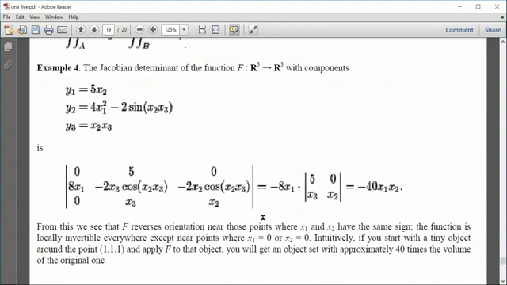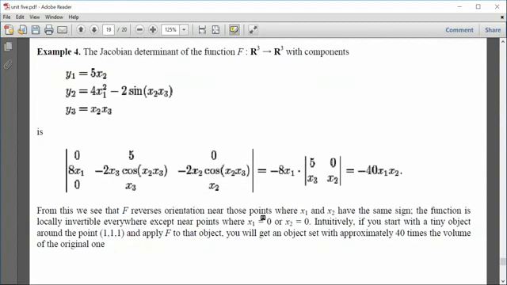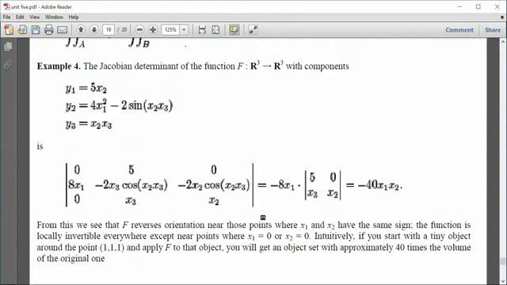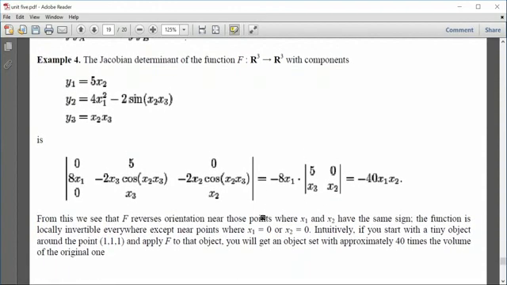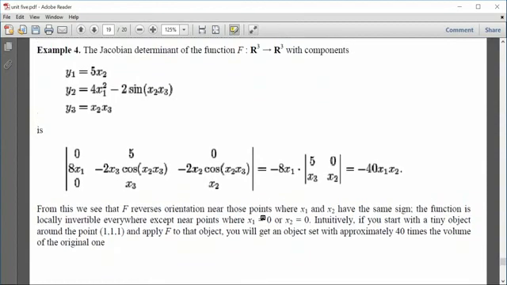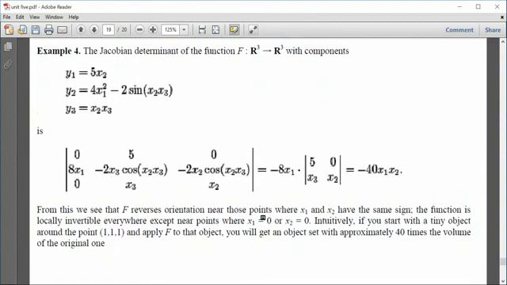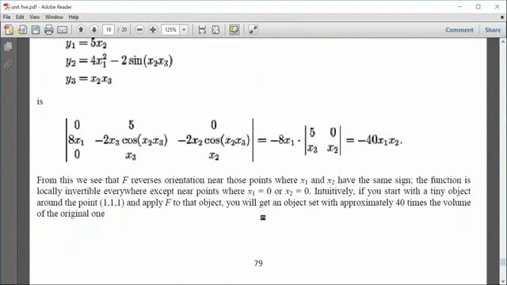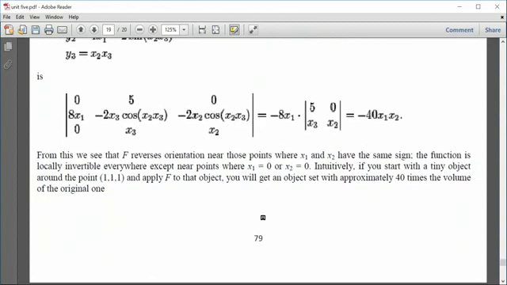Then for example 4, there is nothing different from the examples we have seen above. You follow the same steps. You get the Jacobian matrix. After you do that, you use the same methods of finding determinants, and you get your determinant.